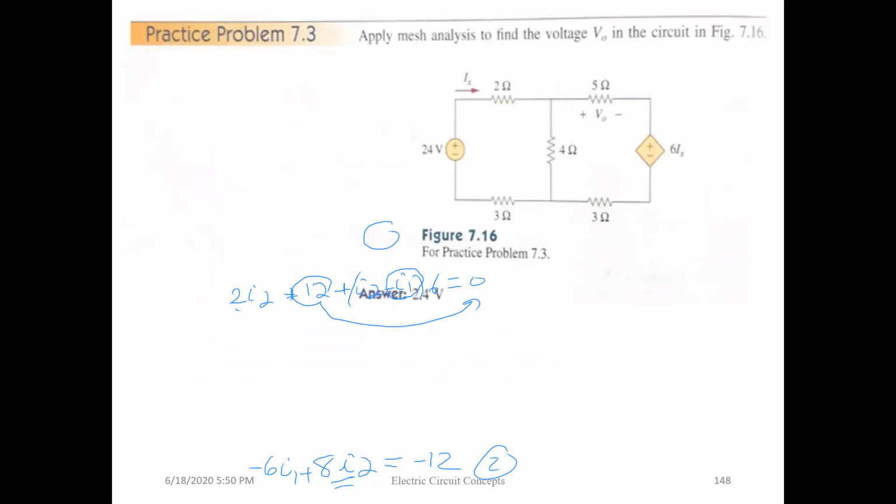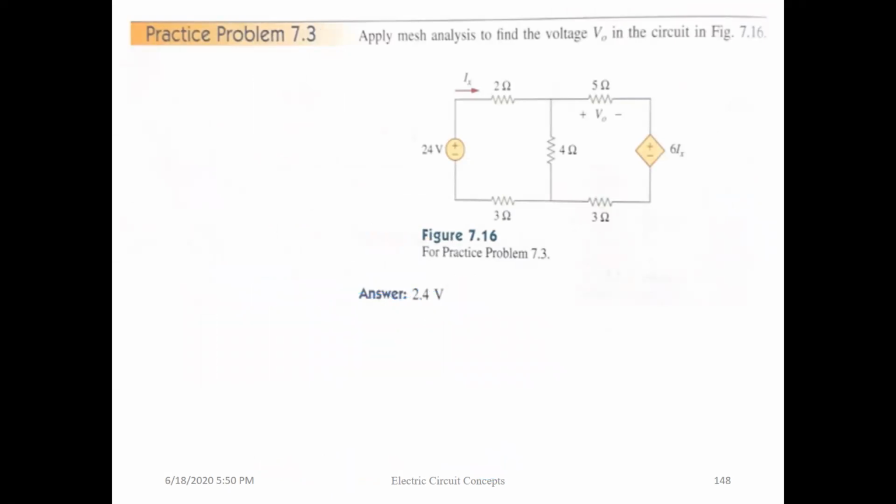In this practice, I will show you how to find the two equations, and then after you find them, in this case, we have to assign the loop or the mesh currents, i1 and i2, and then we start applying KVL around loop 1 or mesh 1, and mesh 2.